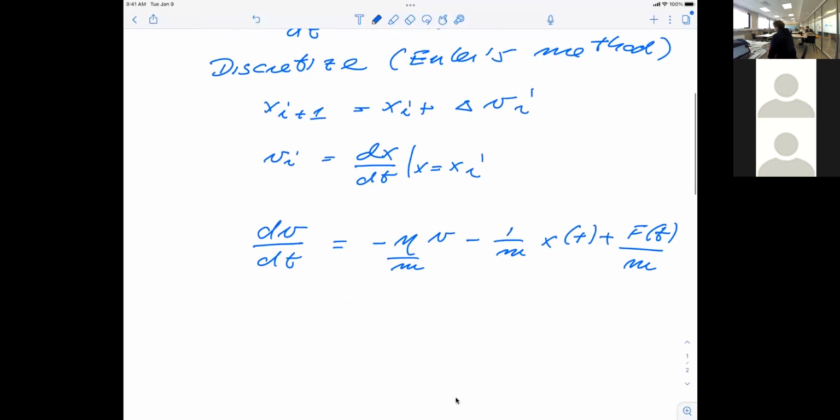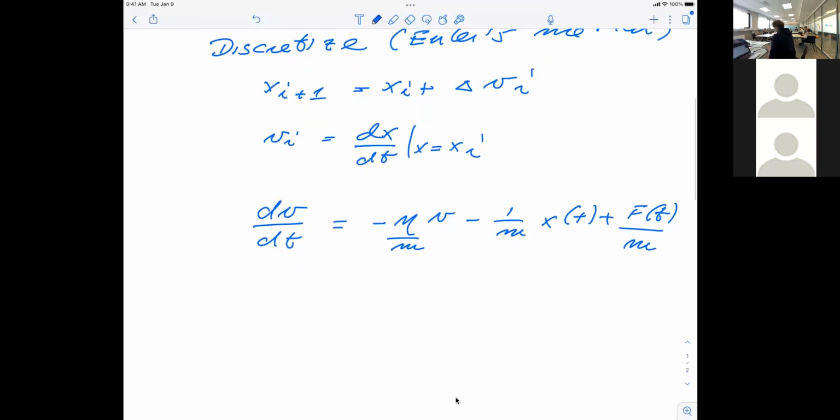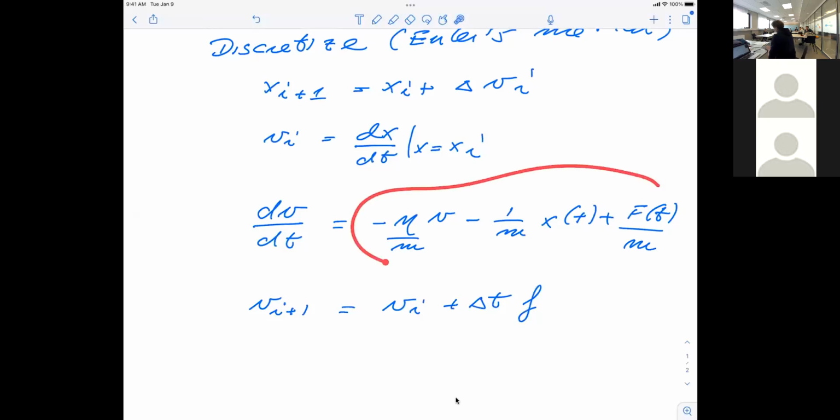And what we could say now is that what you see here is something which we could rewrite in terms of some complicated function. So when we are updating things, we have v of i plus 1 equal to the previous value v of i plus delta t times the derivative of v of i. And we could now say that this is given by some function f, which includes all these complications which we have here.